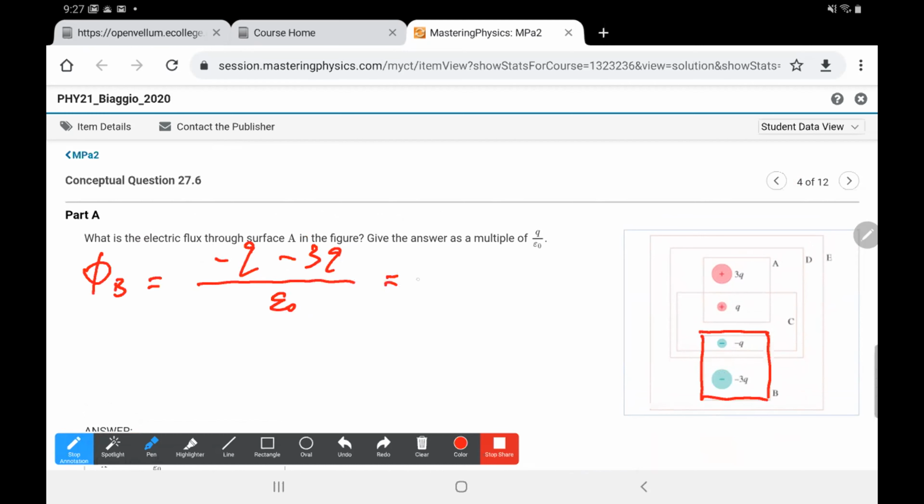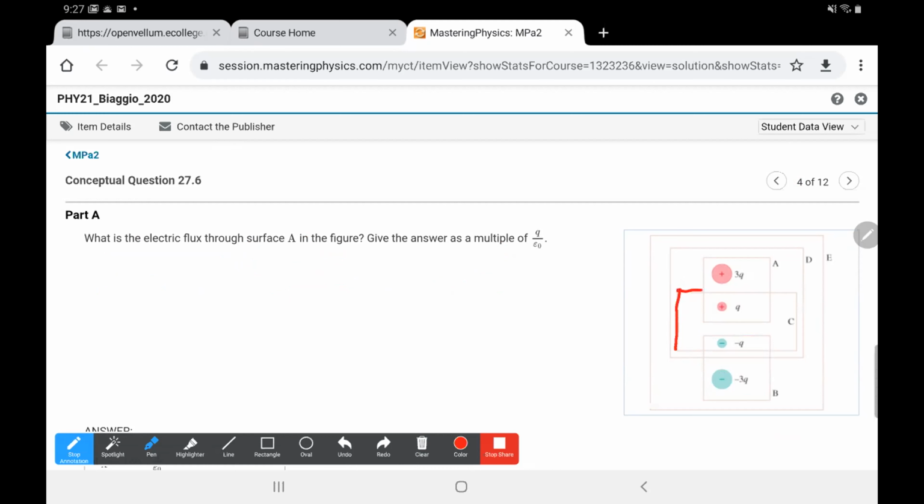Okay, so we have minus 4Q over epsilon naught. Then for the surface C, it is here.